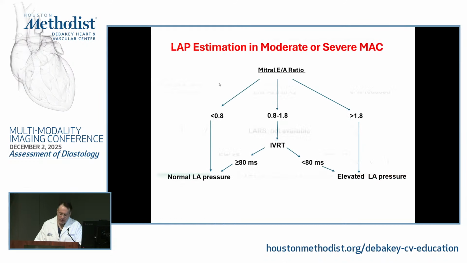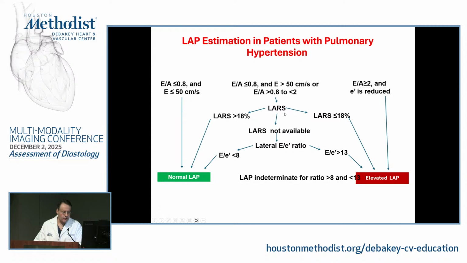In between, we want to look at left atrial reservoir strain or lateral but not septal E to E prime ratio. Left atrial reservoir strain at most 18% or a lateral E to E prime ratio more than 13 favor an elevated LAP. Outside these ranges, you may end up with an indeterminate conclusion.